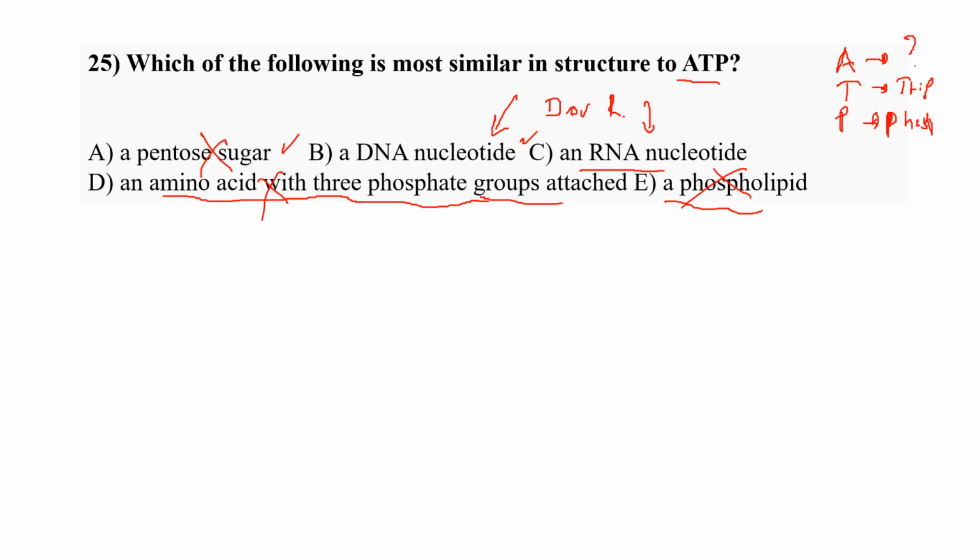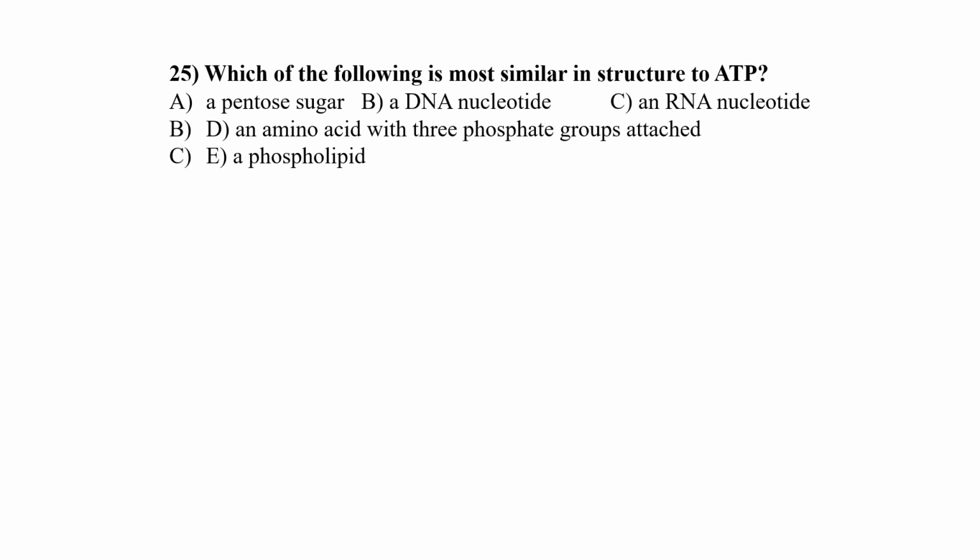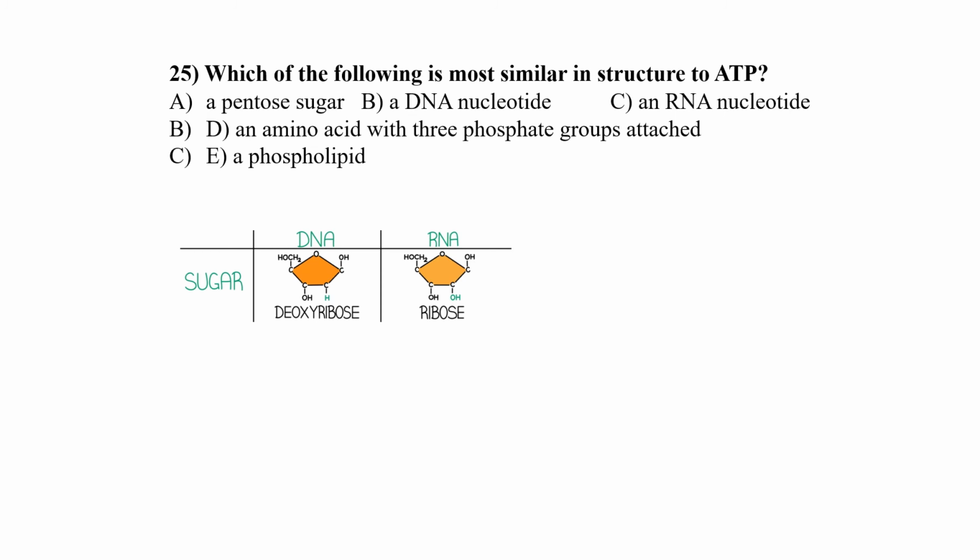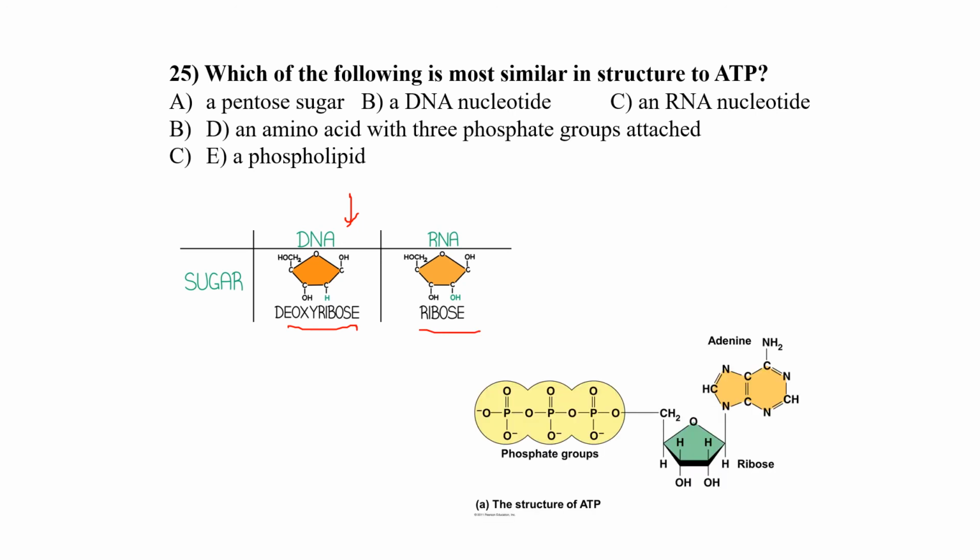So now that we rejected all these options, we just have to know the structure of ATP. Okay, so now you have 50-50 chances to answer this question well in case you don't remember. But if you remember, DNA has deoxyribose, while RNA has ribose.